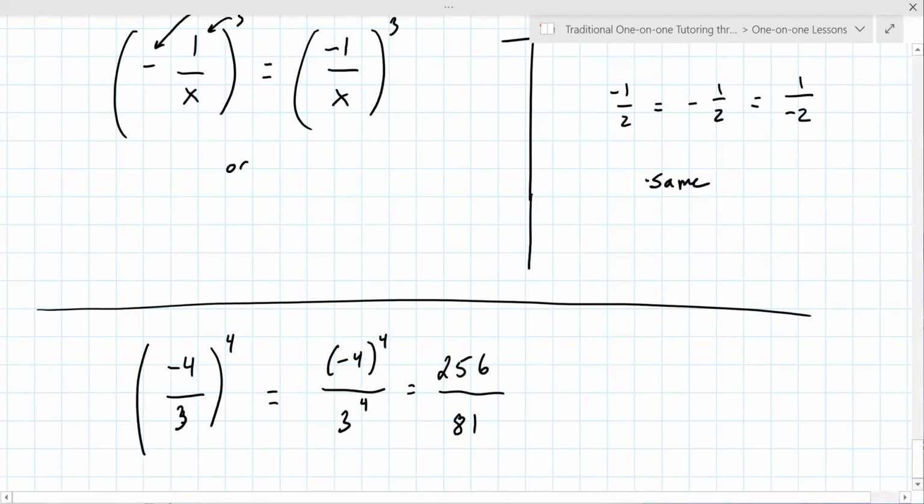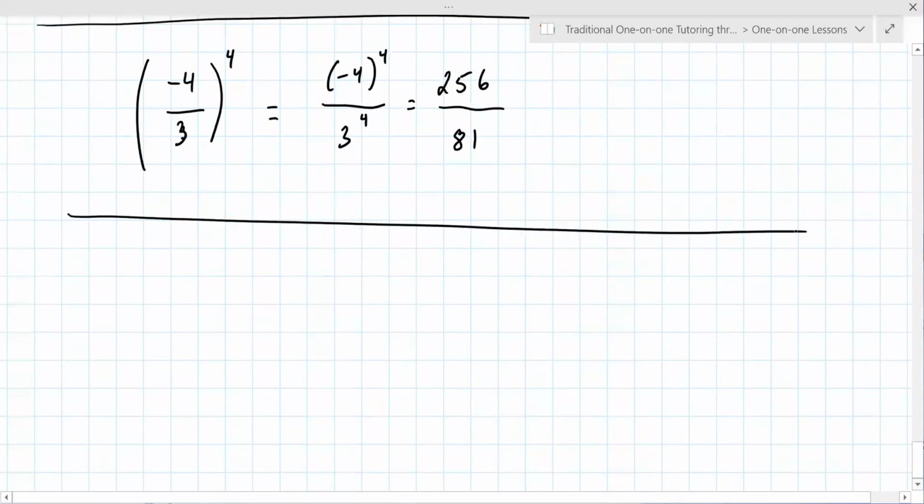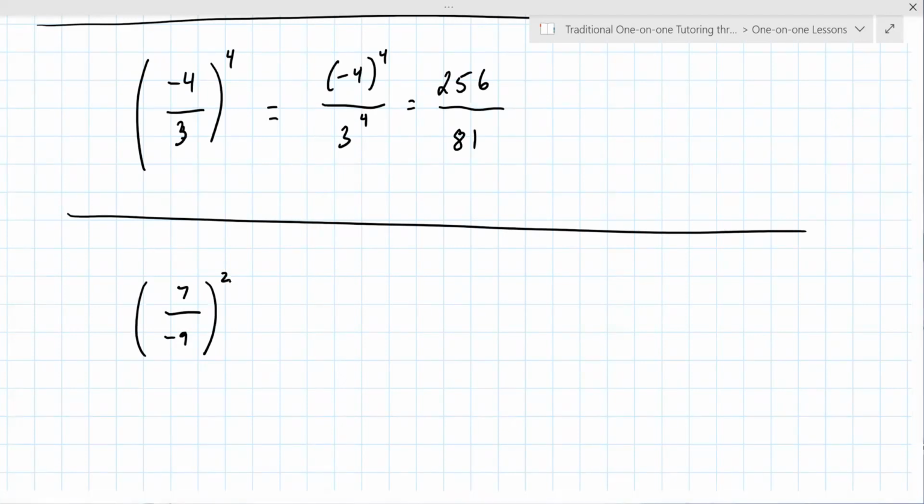So let me have you try one here on your own. Let's go with 7 over negative 9 to the power of 2. You want me to simplify it all the way, right?